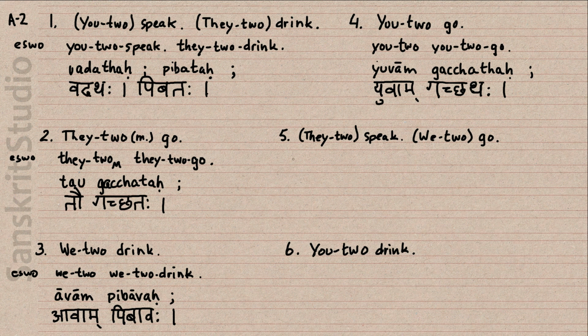Okay, number 5. They two speak, we two go. But these two English pronoun expressions are bracketed, so we should not have a Sanskrit pronoun on the eswo line. So therefore we put everything into the verb as an implicit subject here.